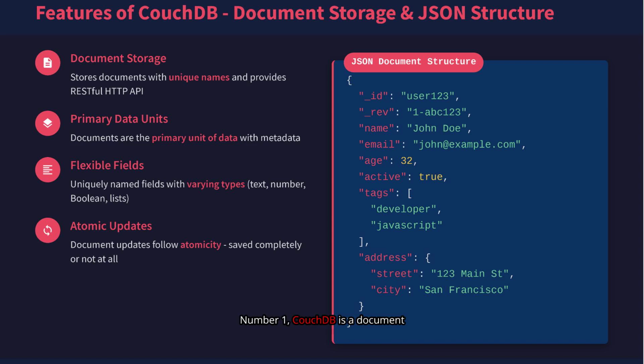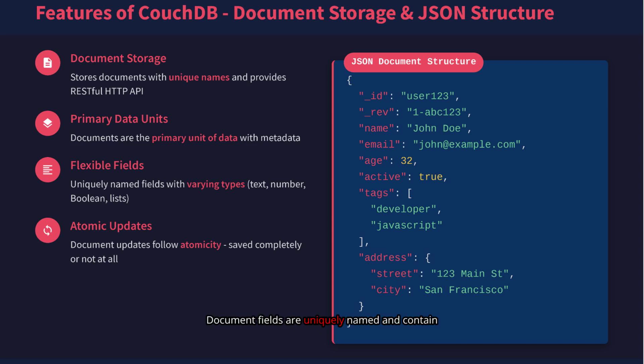CouchDB features. Number 1, CouchDB is a document storage NoSQL database. It provides the facility of storing documents with unique names, and it also provides an API called RESTful HTTP API for reading and updating, like add, edit, delete, database documents. In CouchDB, documents are the primary unit of data, and they also include metadata.